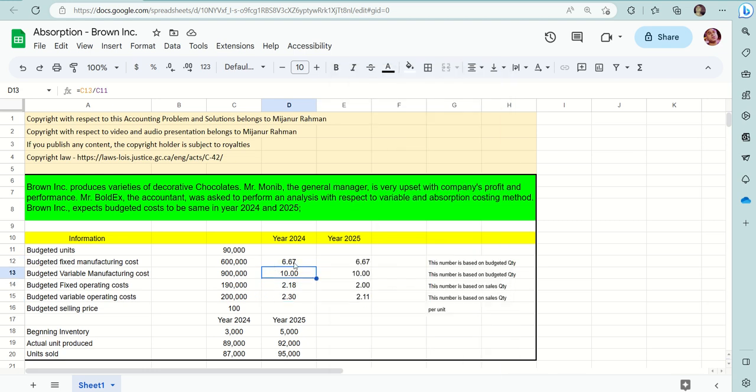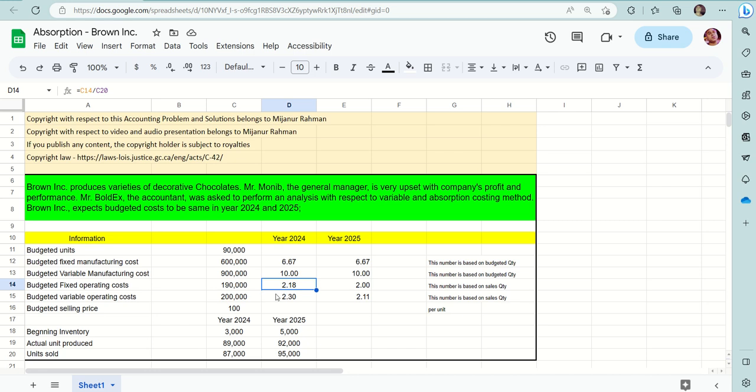I can show you one right here in 2024, so you could figure out the rest. We have 600,000 divided by 90,000. That would give us 6.67. We have 900,000 with respect to variable manufacturing costs divided by 90,000. That would give us $10 per unit.